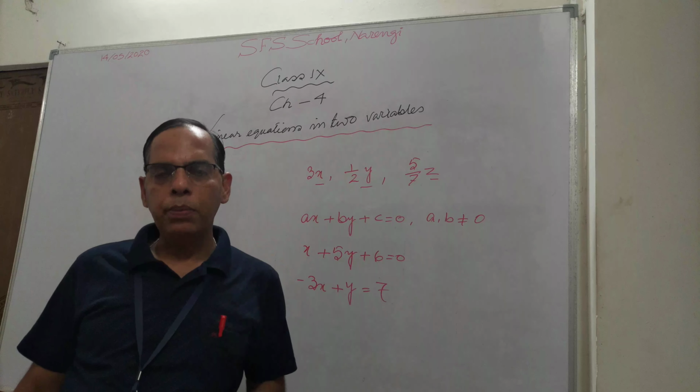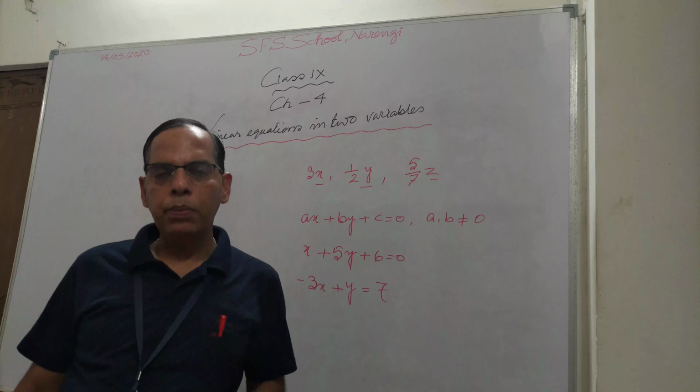Okay. Now another one, I have given you the standard linear equation in two variables. Now I will take an example and I'll ask you to find the coefficient. Do you remember what is coefficient? Coefficient means the numerical or literal factor with the variable.